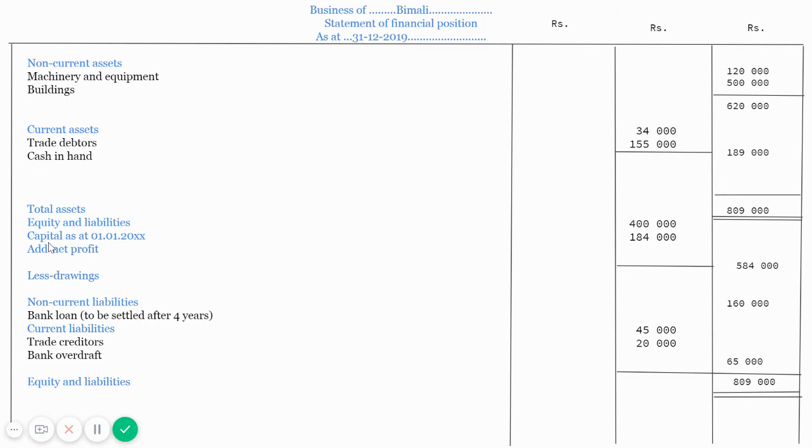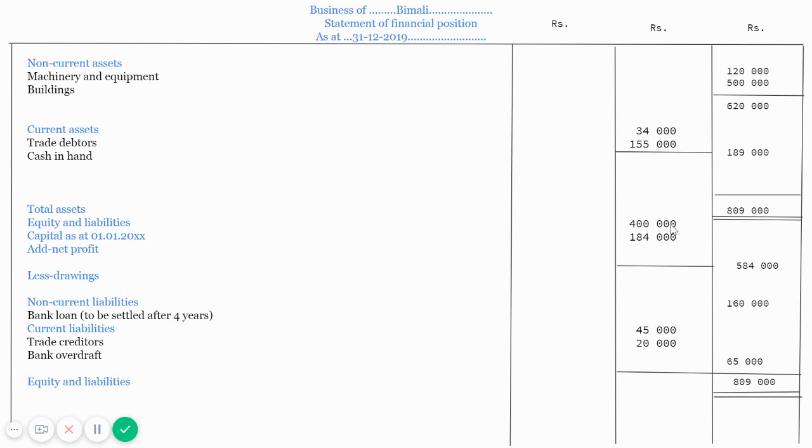Under that, there will be a heading called capital as at 1st January 2019. So that is 400,000. That must come to the second column of the statement. A credit balance must come there, because equity is always a credit. Then trade debtors will be the second item.